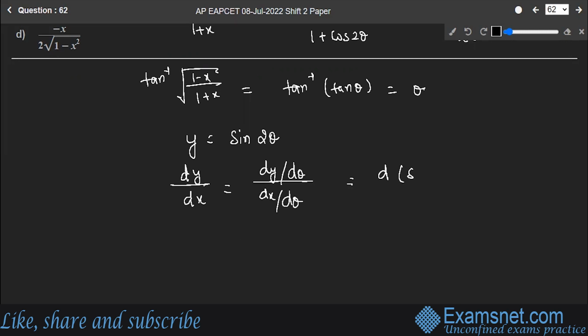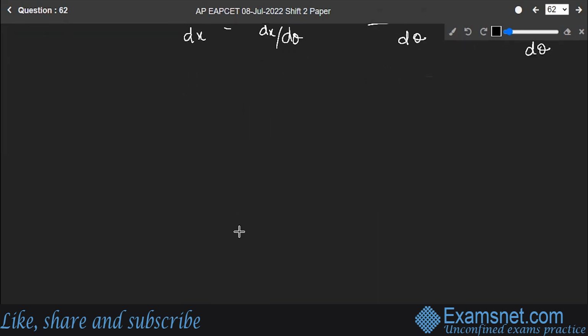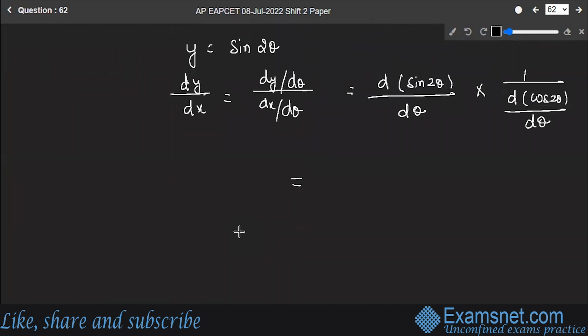So this is equal to d sine 2 theta upon d theta multiplied by 1 upon derivative of cos 2 theta upon d theta, right? The d theta will cancel out, and you will be left with the derivative of sine 2 theta, which is 2 cos 2 theta upon minus 2 sine 2 theta, which is equal to minus cot 2 theta.